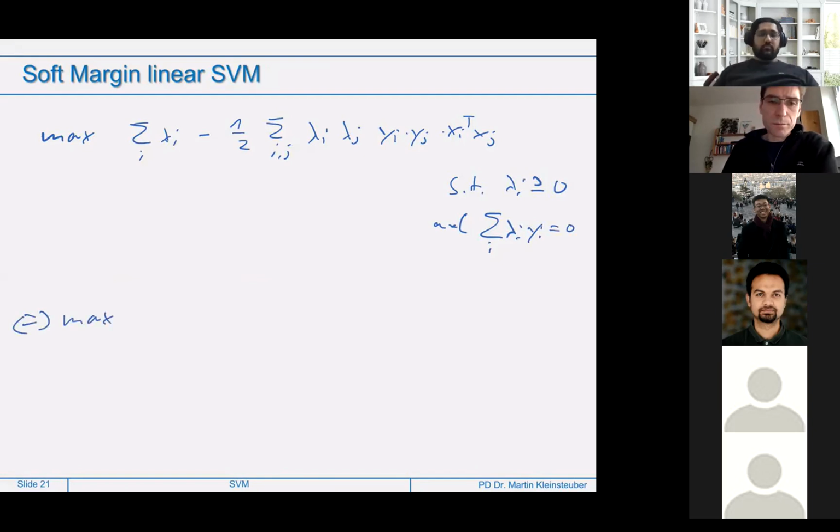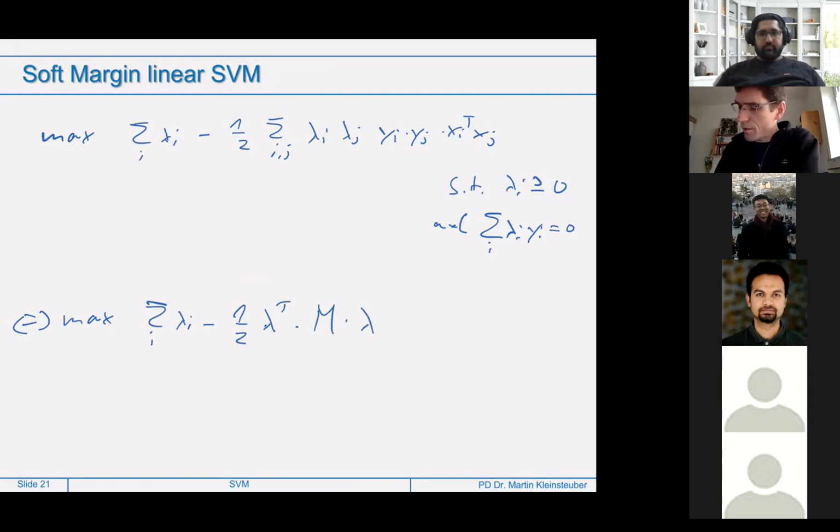maximizing. So it's just another way of writing it down: the sum of lambda I minus 1/2 lambda transpose times a matrix, let's call it M, times lambda, right?